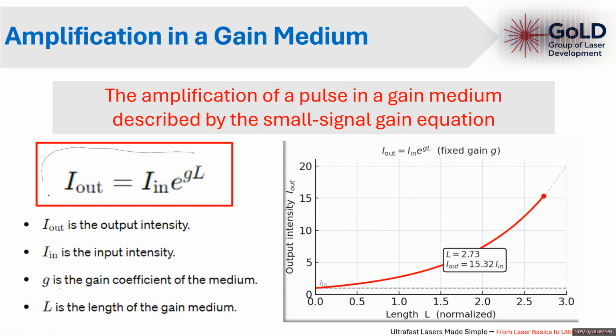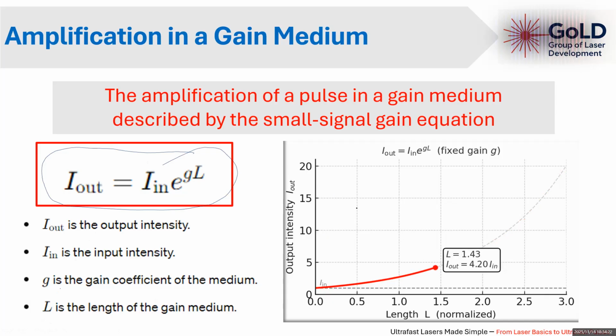This one is the output intensity, input intensity, and exponential of GL. G is the gain coefficient of the medium, and L is the length of the gain medium. So this equation is specifically related to the gain medium we use in an amplifier.